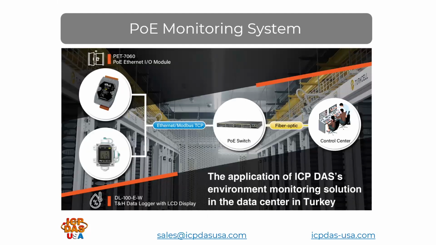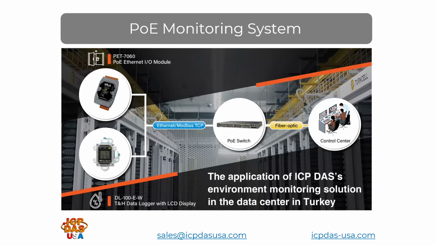Here's a rough outline of an installation that was done in a data center in Turkey. This one used our PET 7060 IO module, which communicates Modbus TCP, a temperature and humidity sensor, a PoE switch, and a control center connected to the PoE switch by fiber optics.